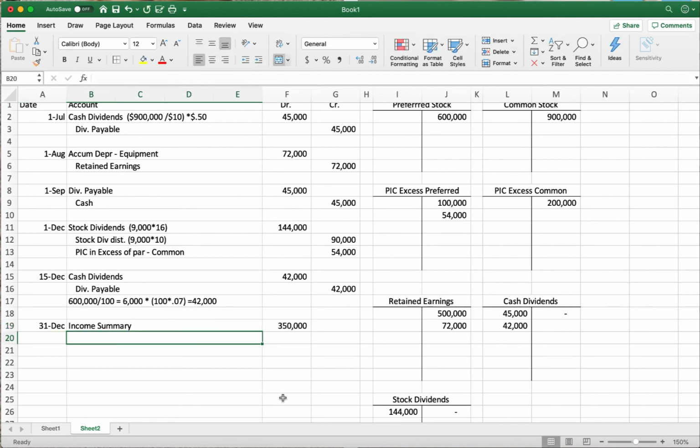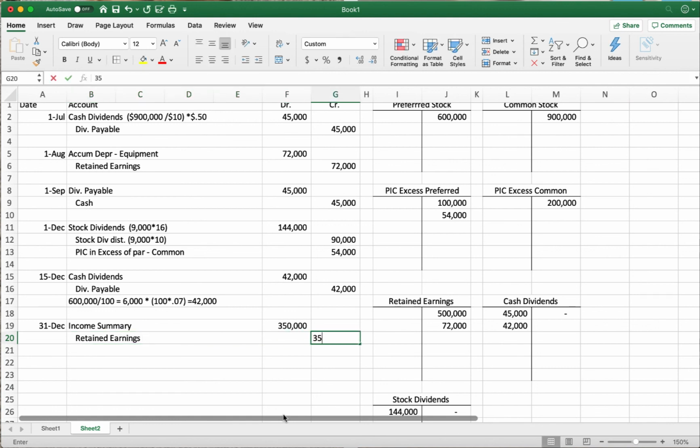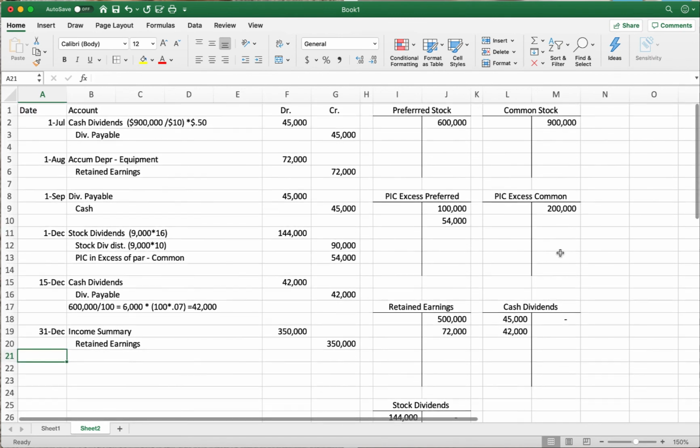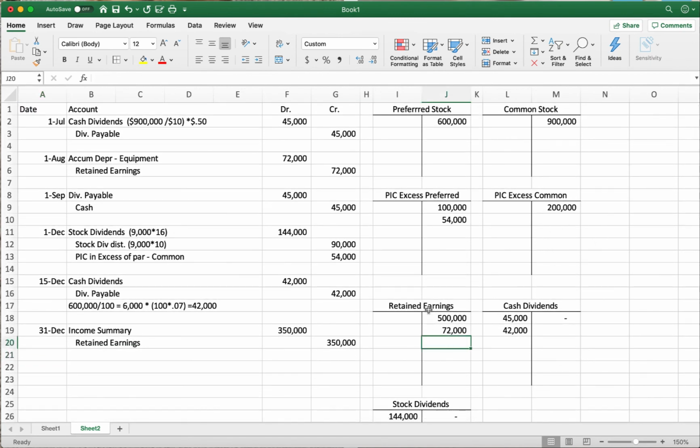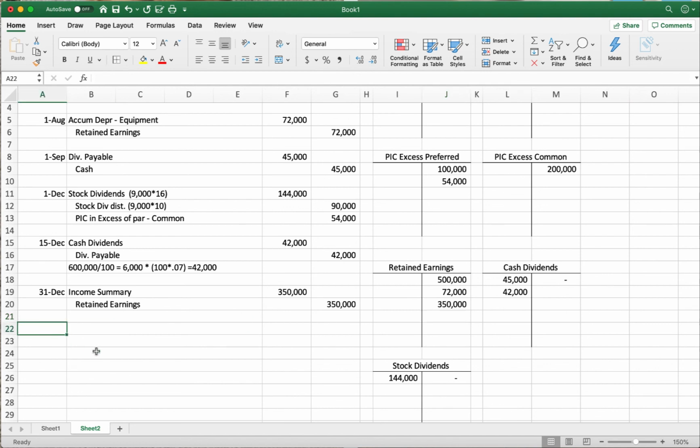And I need to credit retained earnings for $350,000. Okay, I'm going to post this to my retained earnings, right? Here's my retained earnings account. I'm going to post that credit of $350,000.